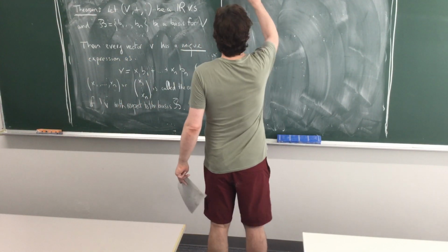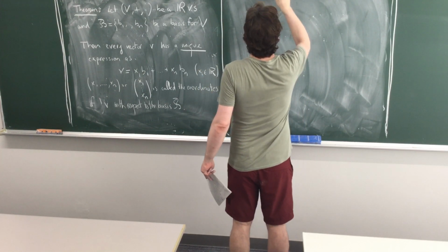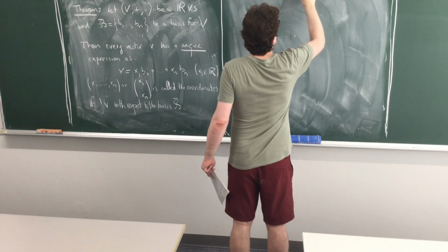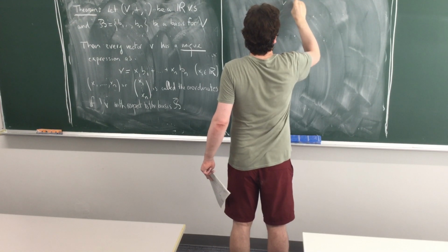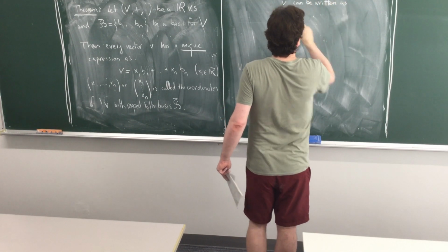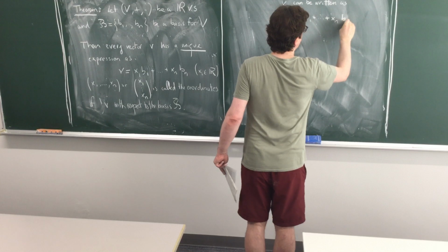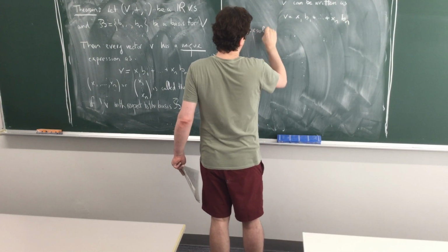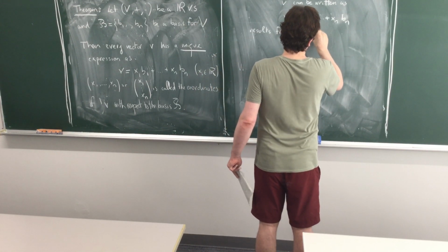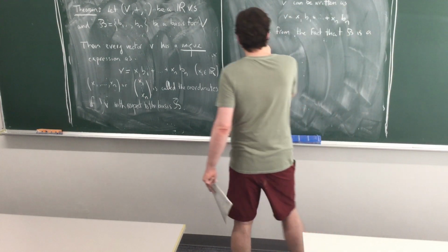So the proof, first of all, the fact that v can be written as x1 b1 plus xn bn results from the fact that B is a spanning set.